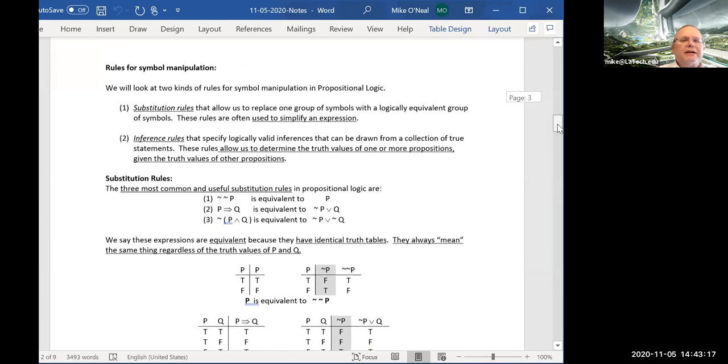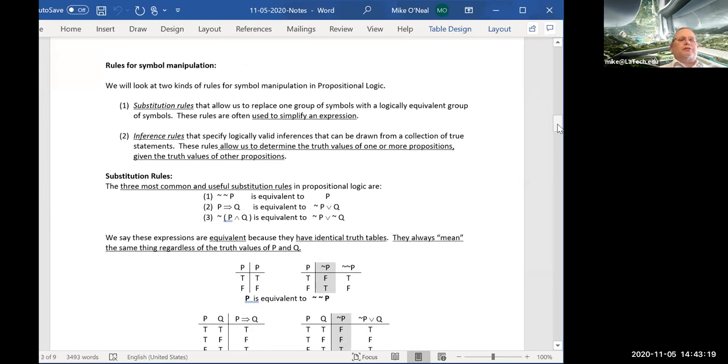All right. Next thing we want to talk about. Now, implication is not the only derived operator that you can have. There can be other derived operators, something like an if and only if, or an equivalence, where you're basically saying the truth value of both of these things is the same.